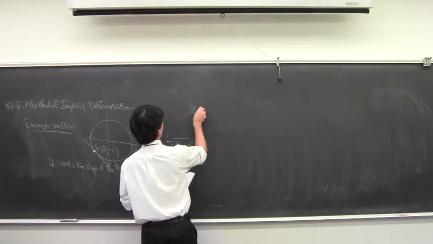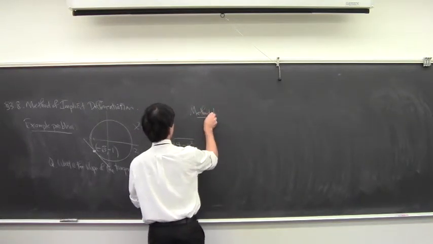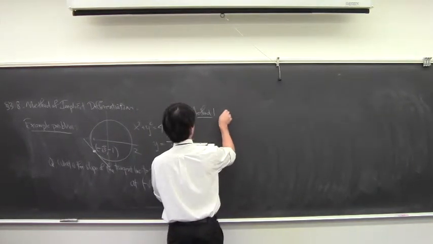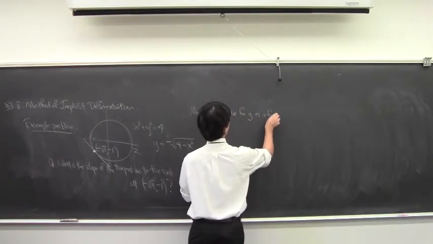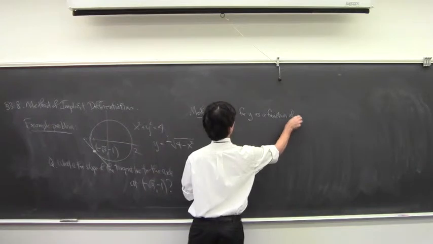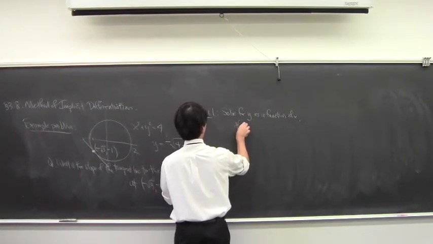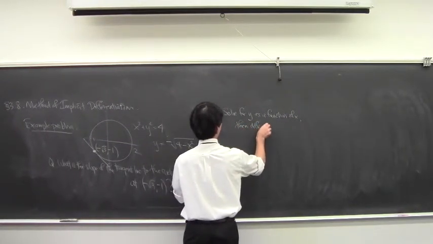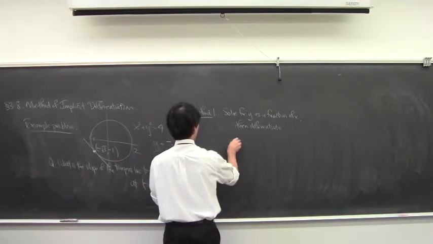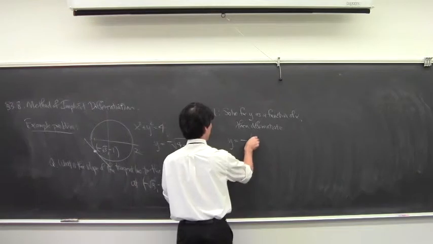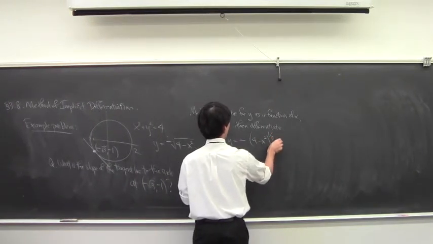So method 1, this is what we can do at this point. Solve for y as a function of x and differentiate. So y is negative (4 minus x squared) to the 1/2.